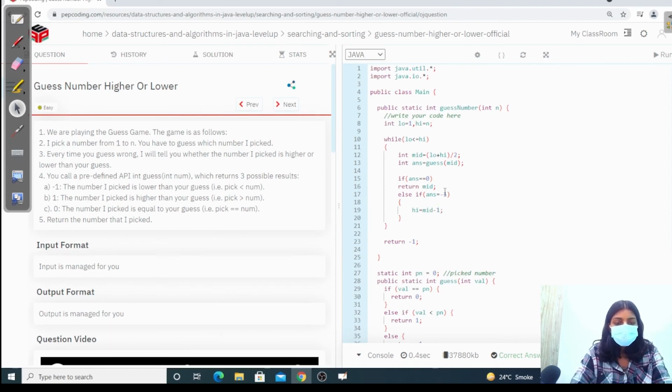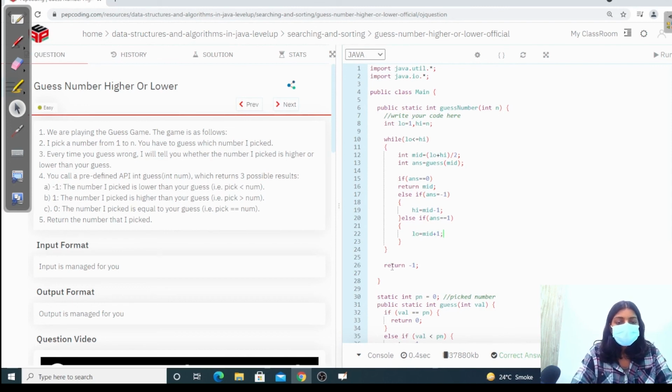Else if my answer is equal to 1, it means my picked number is greater than my guessed number, so I will increase my low to mid plus 1. Now I am again calculating.